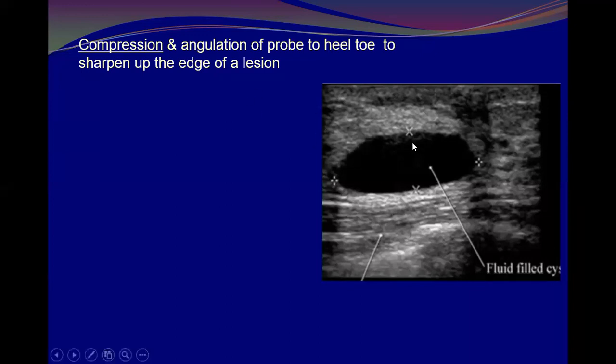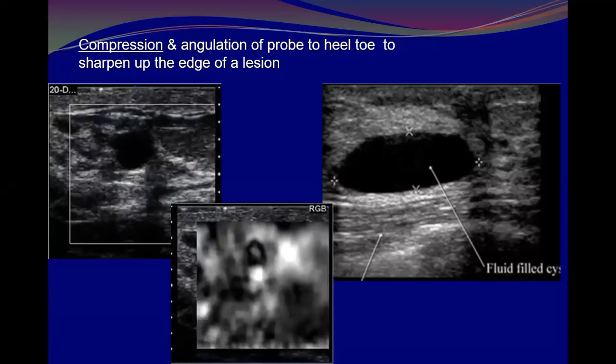And here, with some pressure, the cyst can also be delineated and sharpened, and we make sure of its cystic nature. But you know that nowadays we can also use what to make sure this is a cyst? Elastography. Excellent.